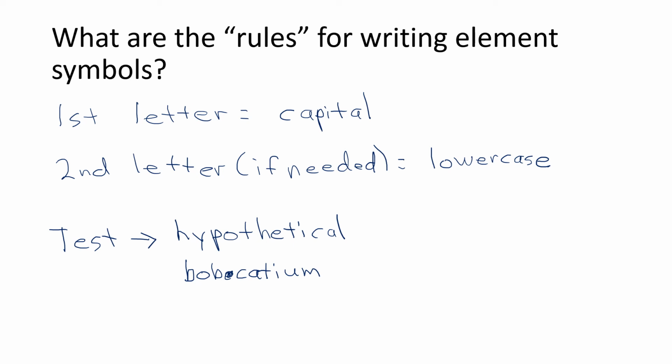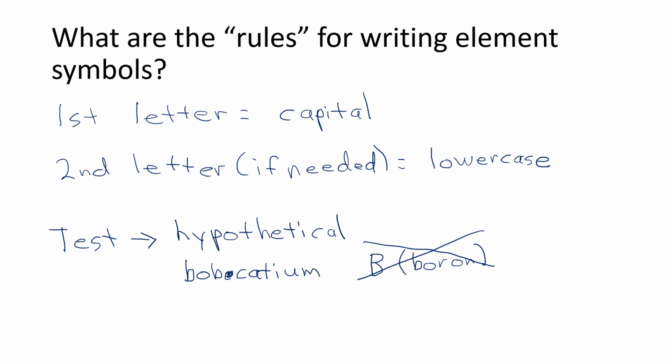Well, how about B? Because that's the first letter of the element name. Well, there's a problem. We can't use B because it's already used for boron. So we can't propose just capital B. So that's not going to work. But we may be able to propose something like Bc.